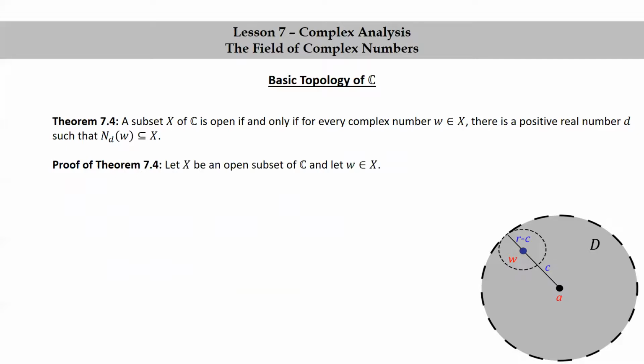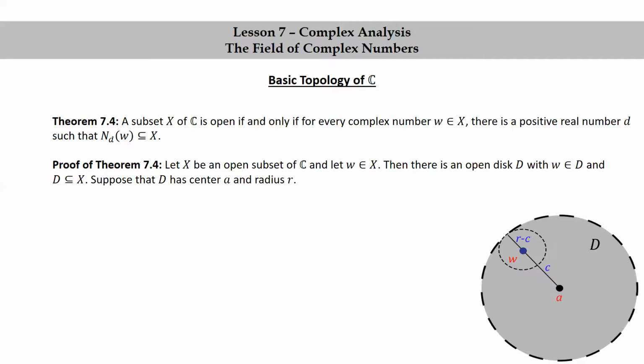Let X be an open subset of C and let W be in X. Then there's an open disk D with W in D and D a subset of X by the definition of open.